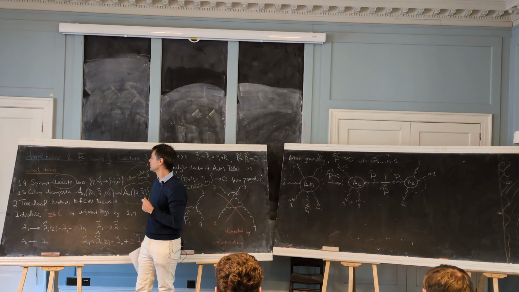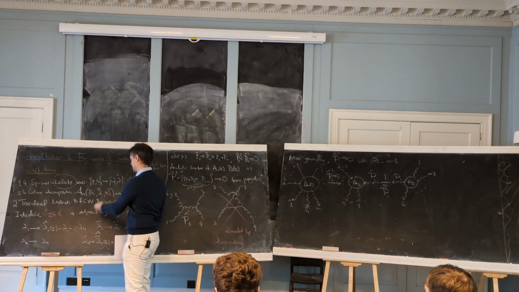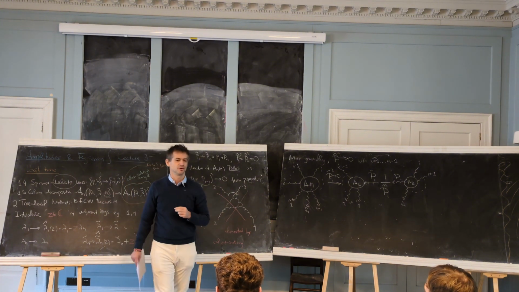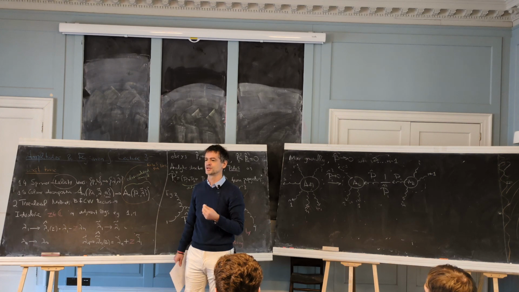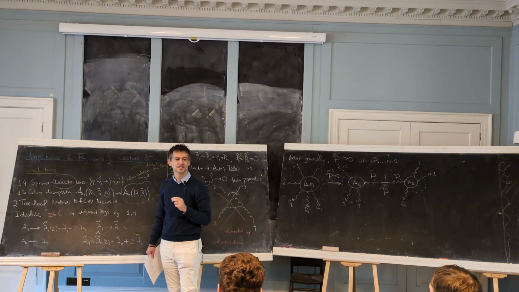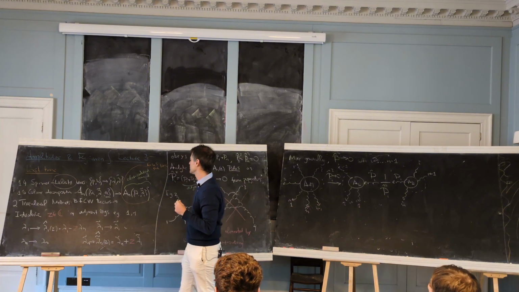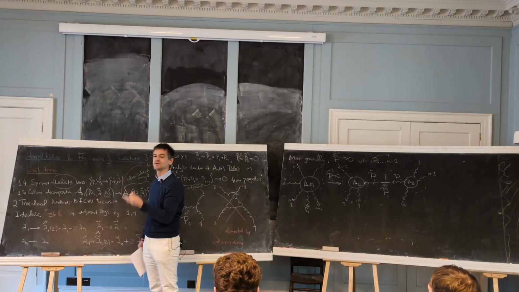After this, we moved on to discuss how one can remove the color degrees of freedom of scattering amplitudes. If you scatter colored particles, gluons or quarks that are charged under the gauge group of your gauge theory, then you also have these indices coming with generators of the gauge group.